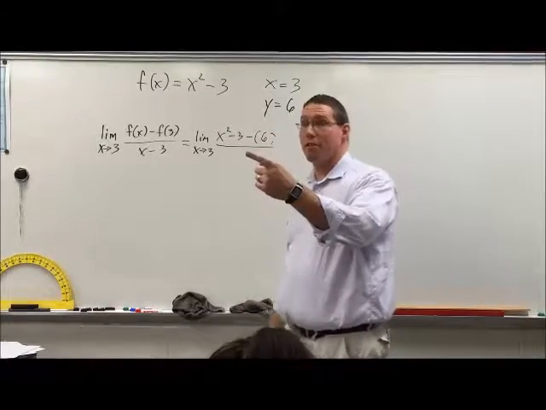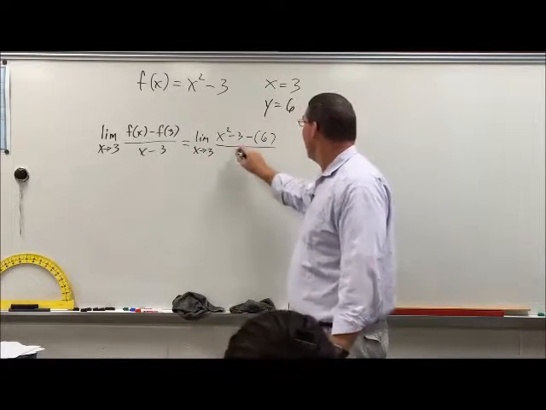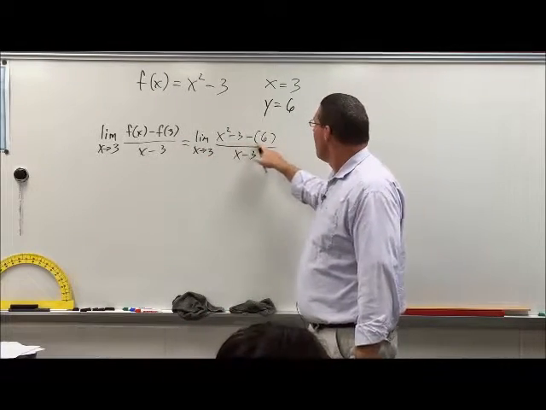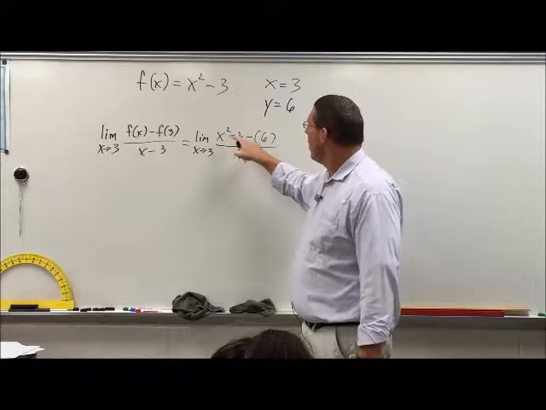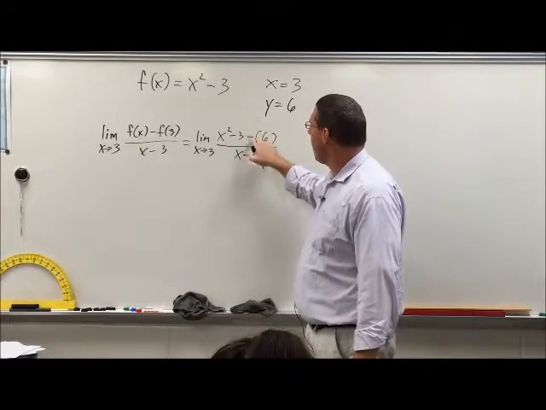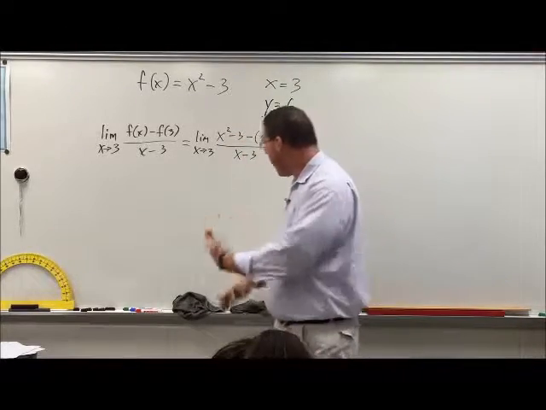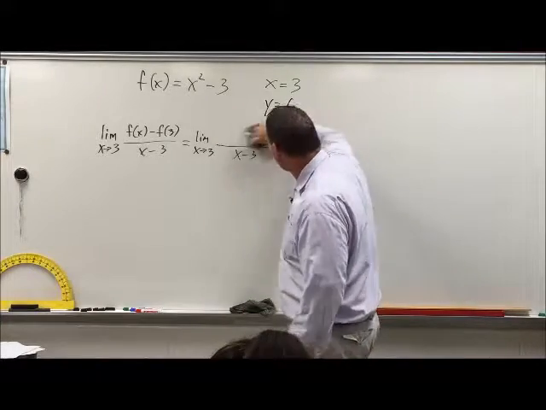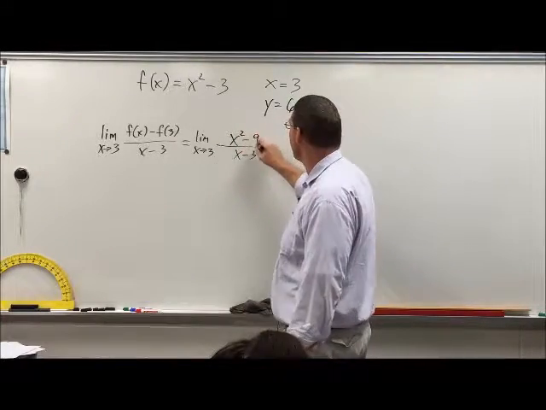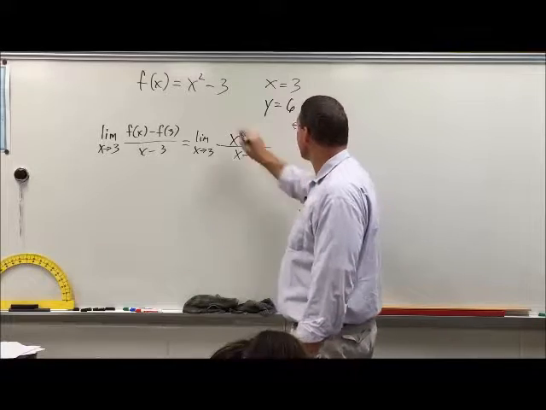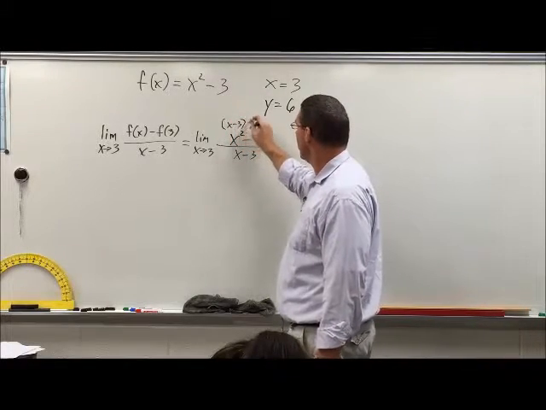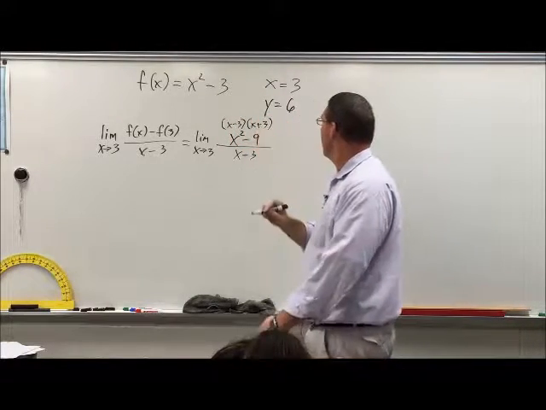Oh, it is a difference of squares, isn't it? It sure is. Over x minus 3. This now becomes negative 3 minus 6 means minus 9. So this is actually x squared minus 9, which factors into x minus 3 times x plus 3.